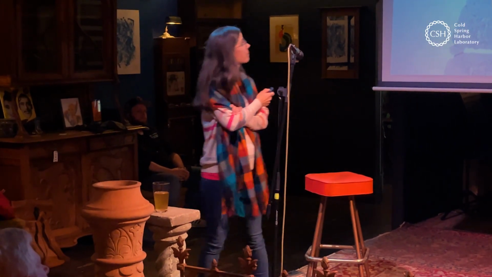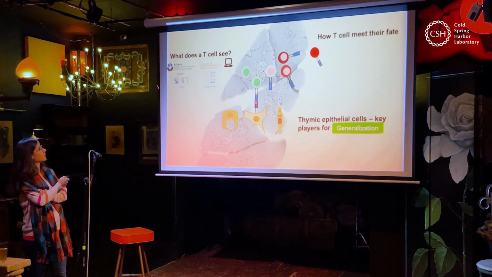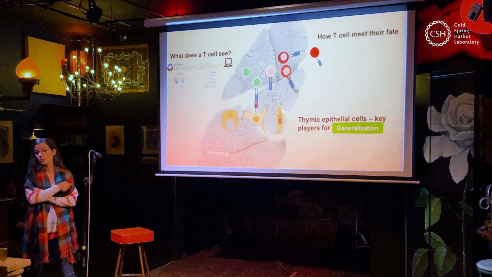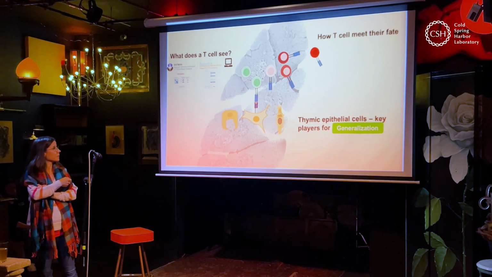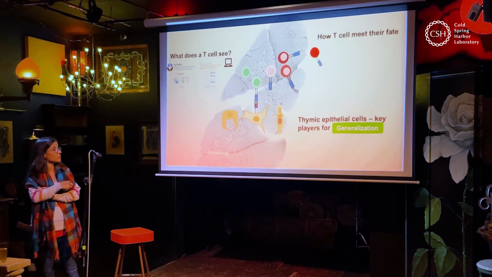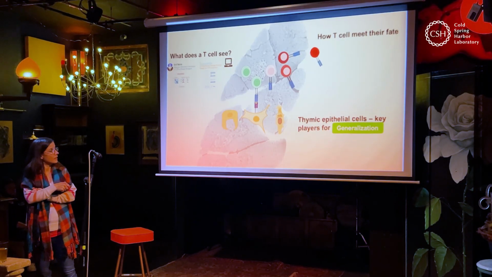So a lot of this work is done mostly computationally, because there's a lot of data out there already. I told you the thymus function was discovered in the 60s.